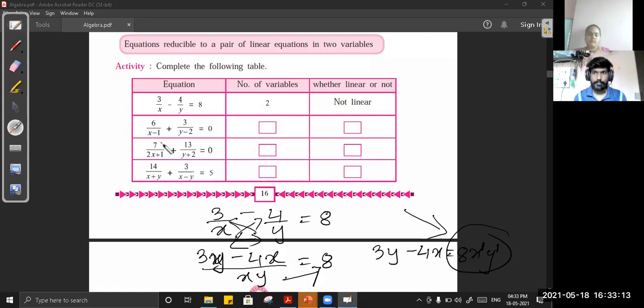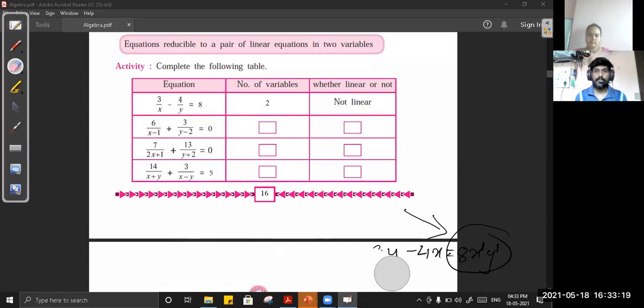Okay, now we'll complete this activity. In the second one, what is the number of variables? 2. And is it linear or not linear? Just 2 variables, x and y.